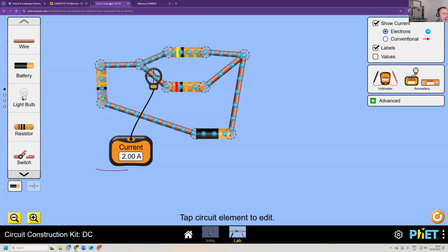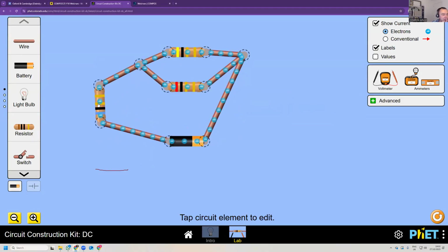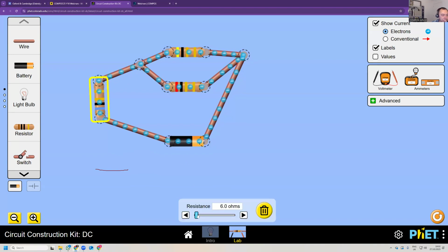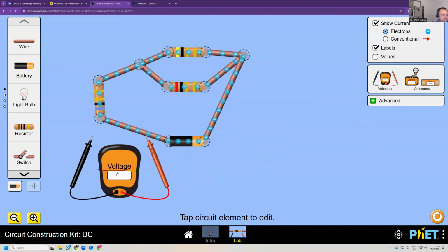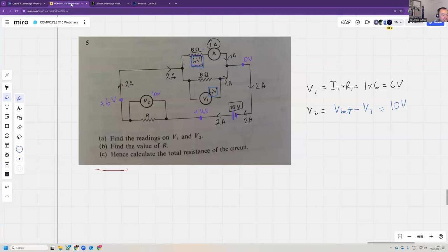We can actually, can we do this? I think we can. Let's say this is six and six, so that's 3, and that's 6, and that's 10. 3 and 6, 20, I'm guessing.